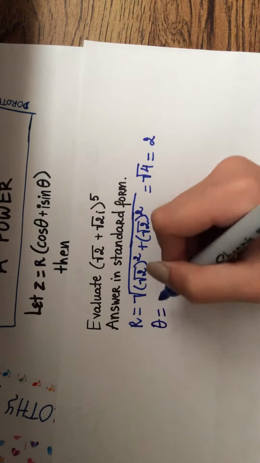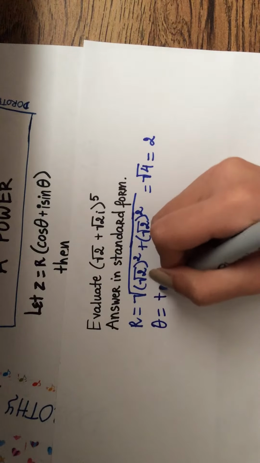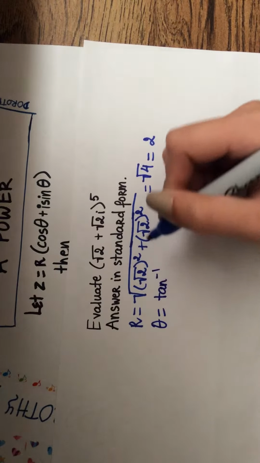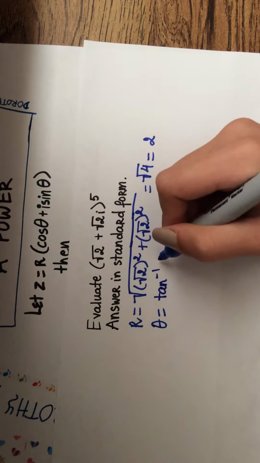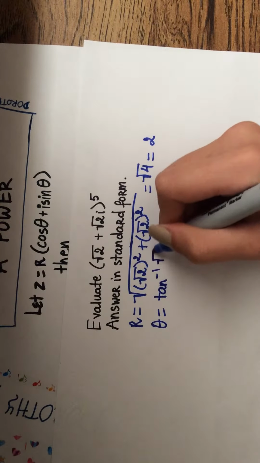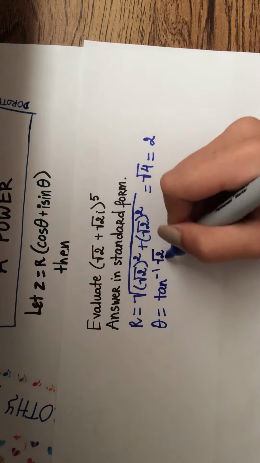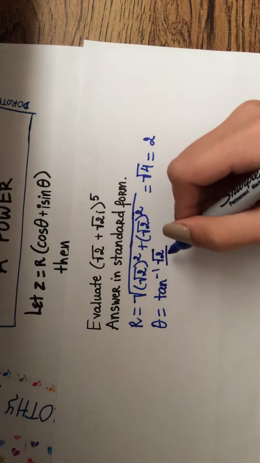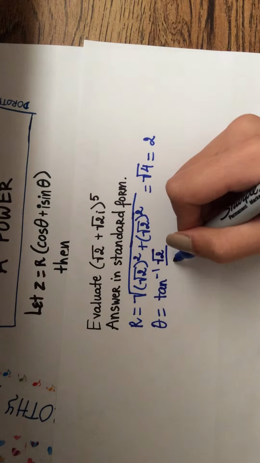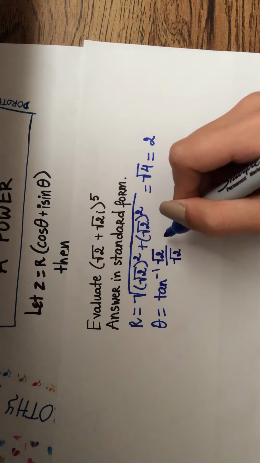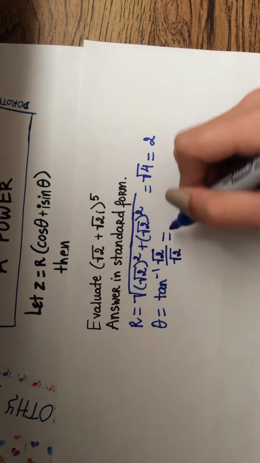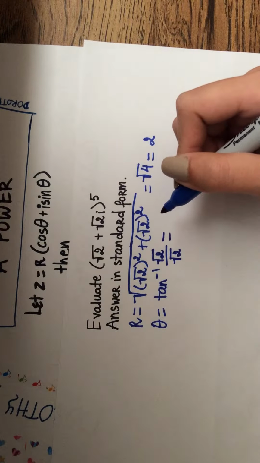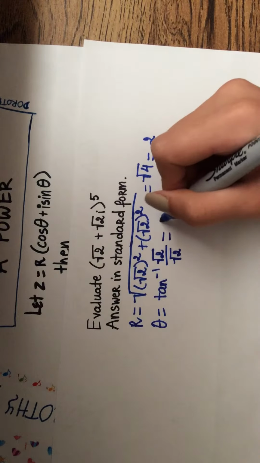To find your theta, you take the tangent inverse of your imaginary part, square root of 2, over your real part, which is square root of 2. That will give you, I believe, 45 degrees.